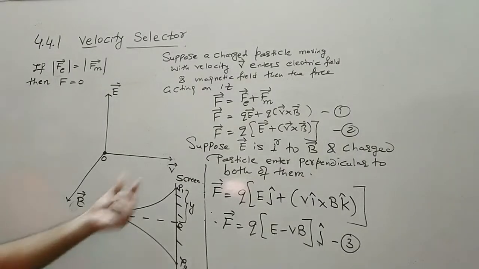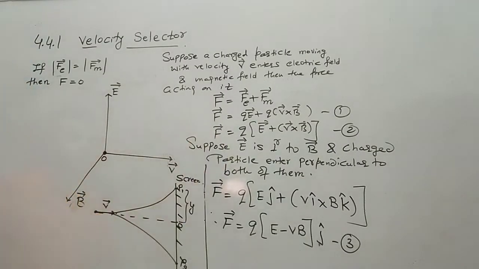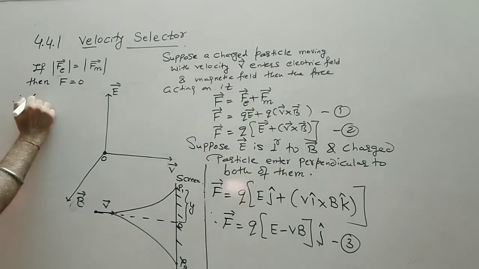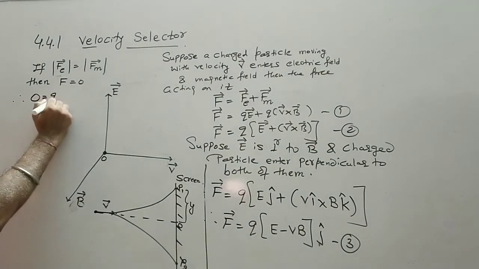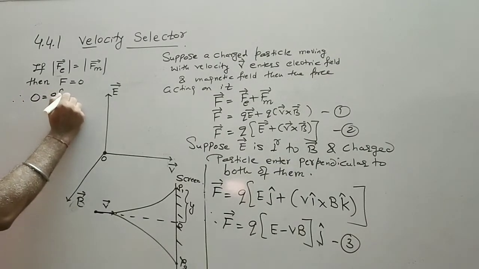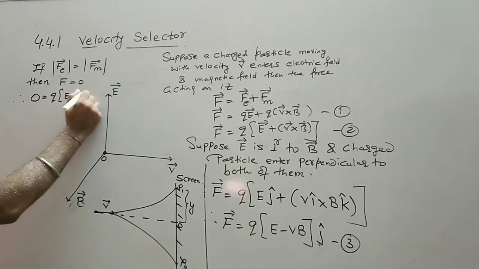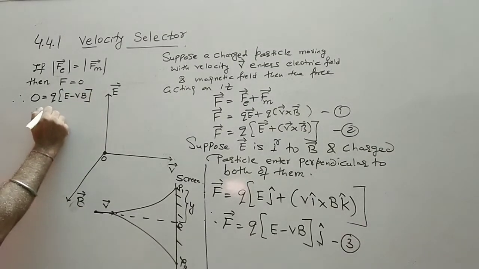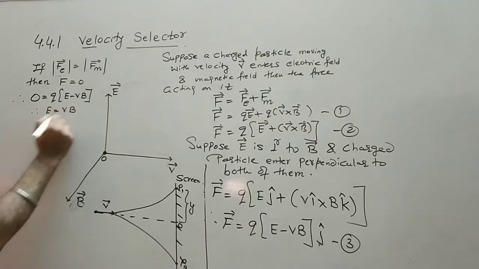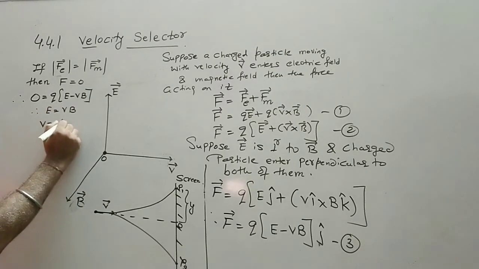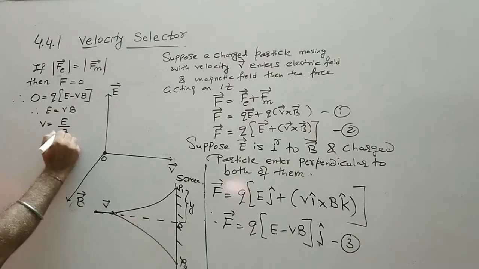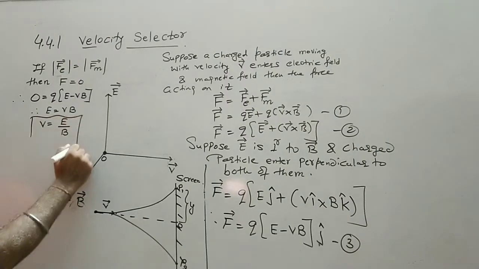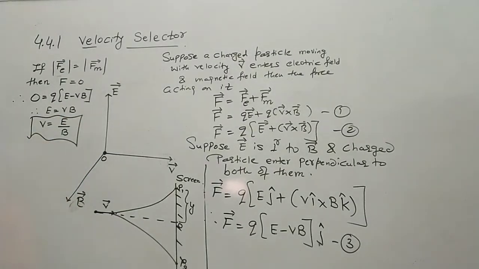So the magnitude of this Lorentz force is 0, and therefore I can write 0 is equal to qE minus qvB, and therefore E is equal to vB, or I can write v is equal to E by B. So this is the situation.